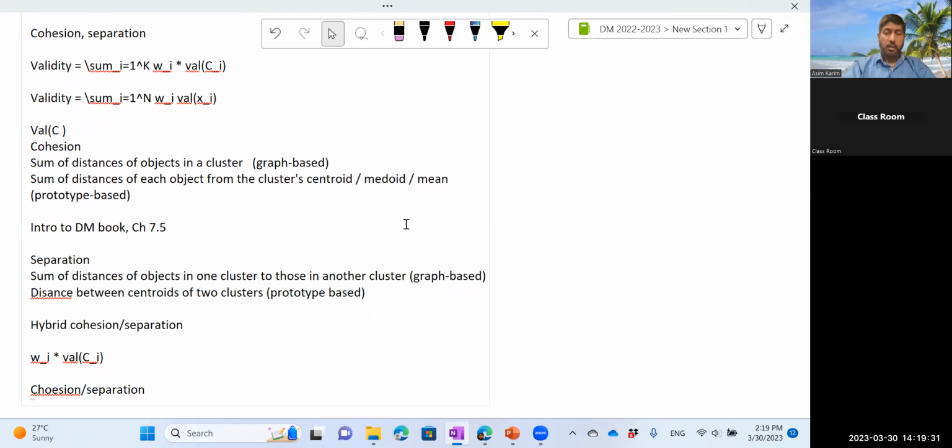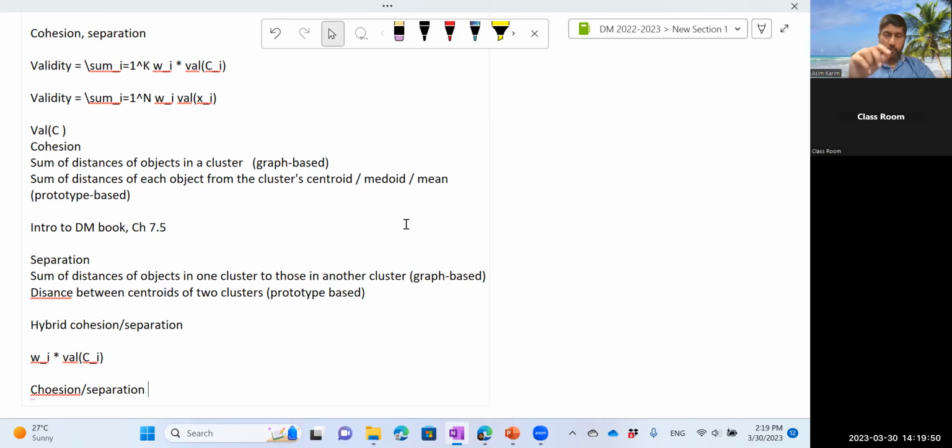In this case, if you're using similarities, higher values of this ratio would be better, because cohesion similarity will be high and separation similarity will be low.